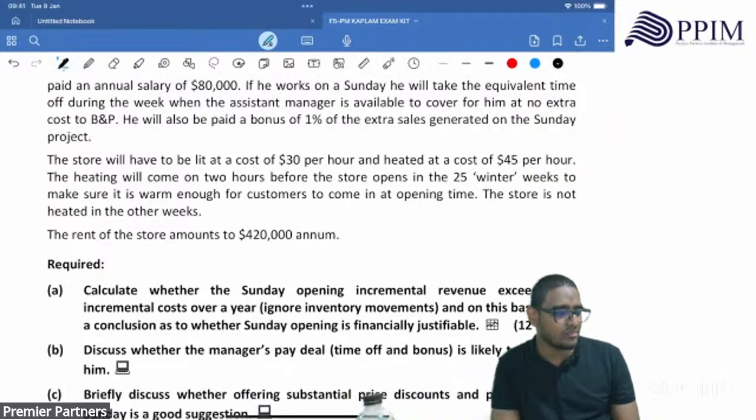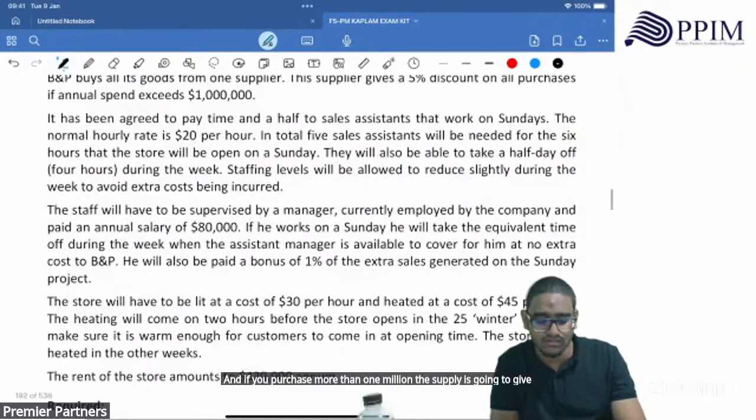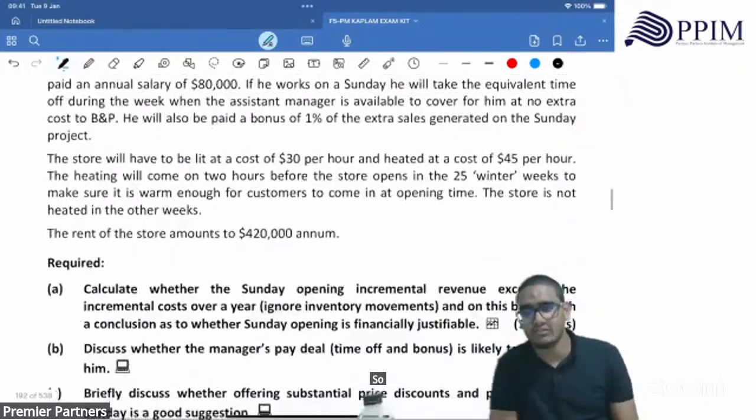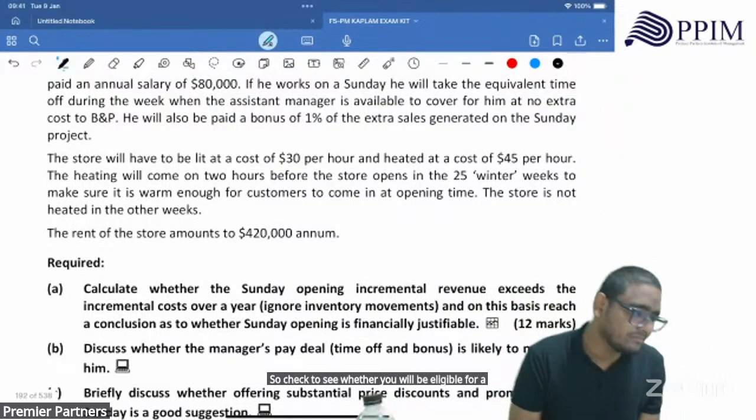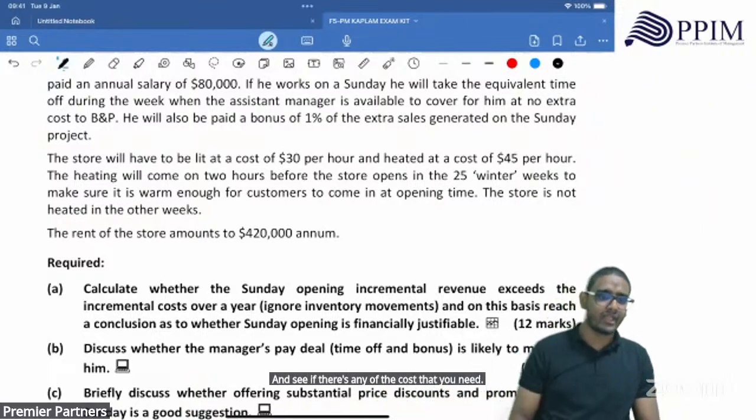If you purchase more than 1 million, the supplier is going to give you a 5% discount, so check to see whether you'll be eligible for a 5% discount as well. And see if there's any other cost that you need.